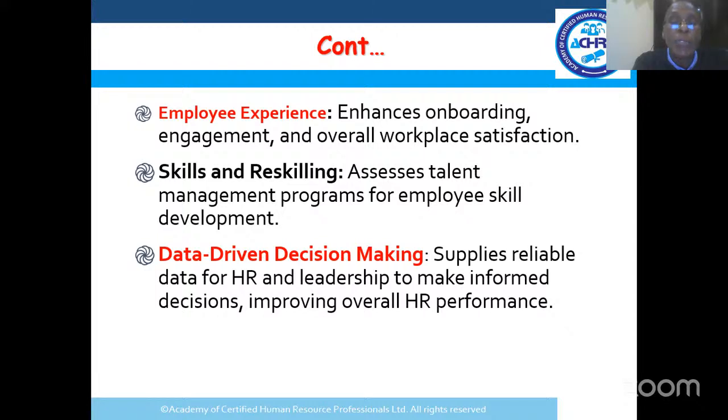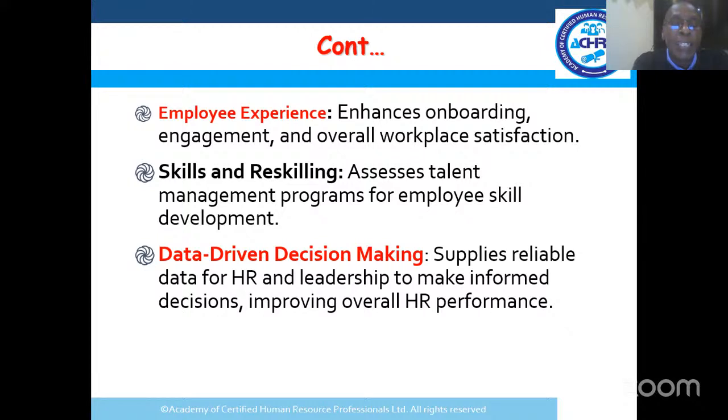The training that we give people before exit, so that we can prepare them for the world beyond work, is part of this experience. So in HR audit, we are going to look more at what HR managers are doing in order to enhance this employee experience so that we can attract more qualified people. Because if employees have the right experiences, they are likely to attract others and retain those with the right skills and knowledge.